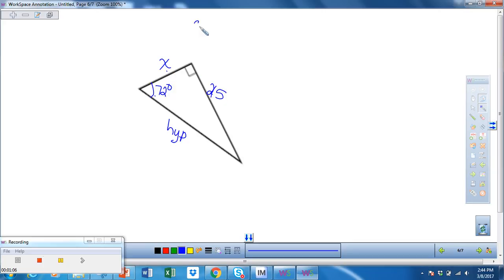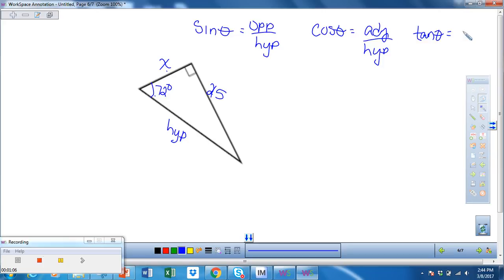So remember, your relationships are sine theta is equal to opposite over the hypotenuse. Cosine theta is equal to the adjacent side over the hypotenuse. And tangent theta is equal to the opposite over the adjacent.